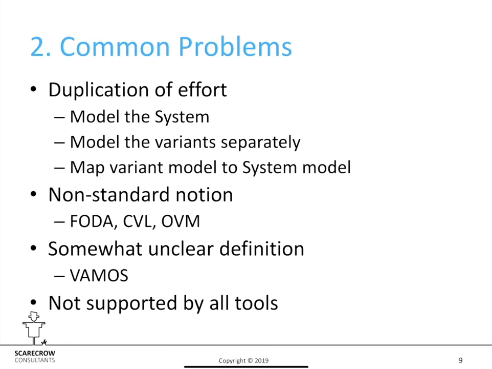You model your system using normal SysML or your own framework, however you want to do it. And then you model the variants, and then you map your variant model to the system model. That's certainly what OVM does, for example. So that's an issue. You're essentially defining things twice in two different kinds of languages.